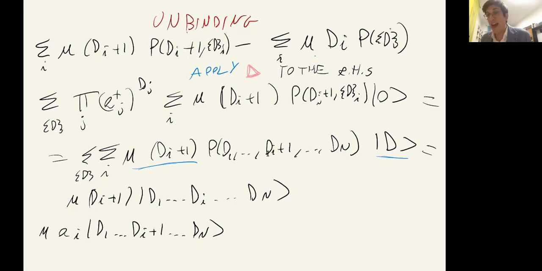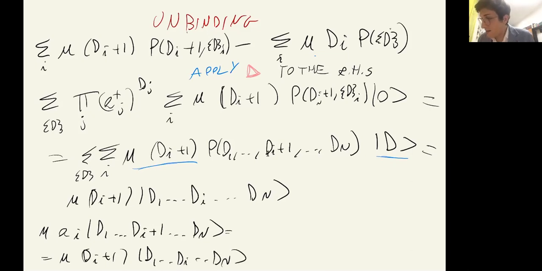If we apply a_i to d1, ..., d_{i+1}, ..., dn, this we know will bring out a factor d_{i+1}, and then lower by 1 the one at position i, so we lower d_{i+1} by 1, putting it to d_i. So this gives d1, ..., di, ..., dn.